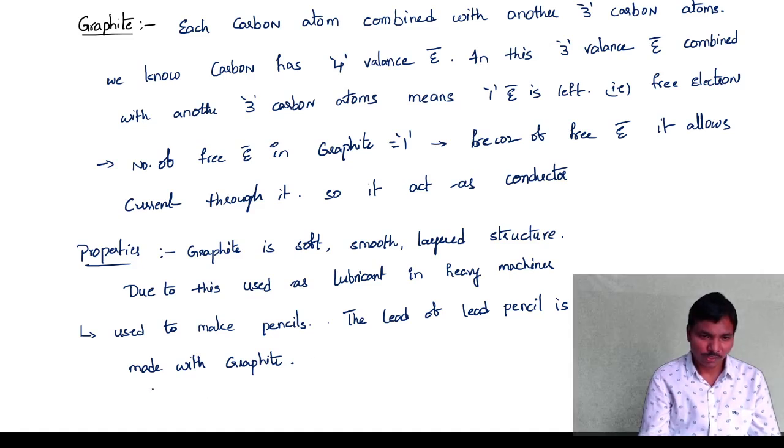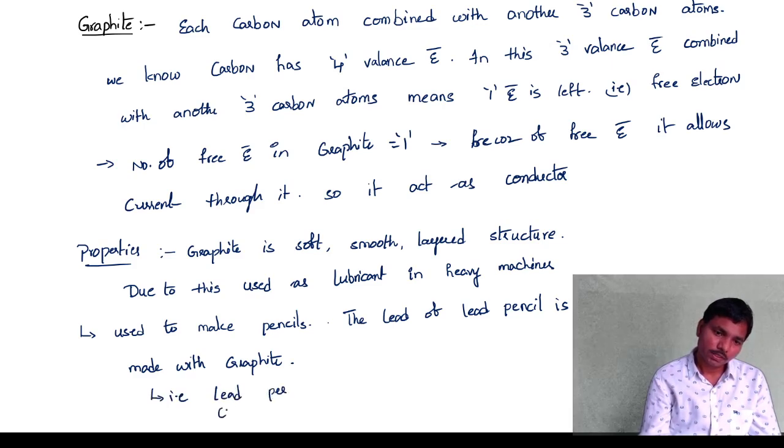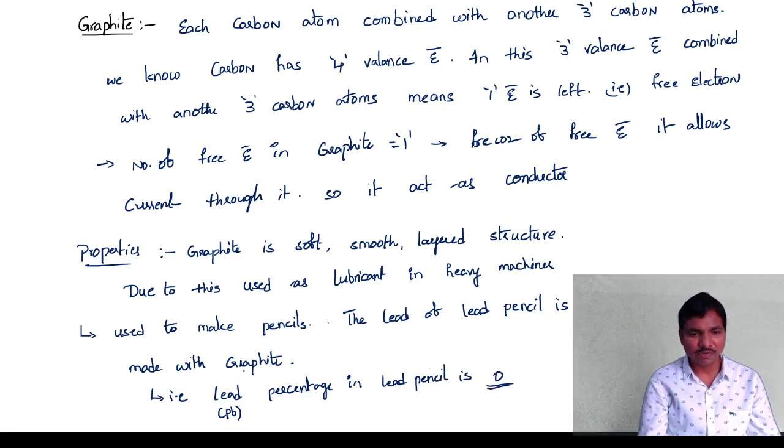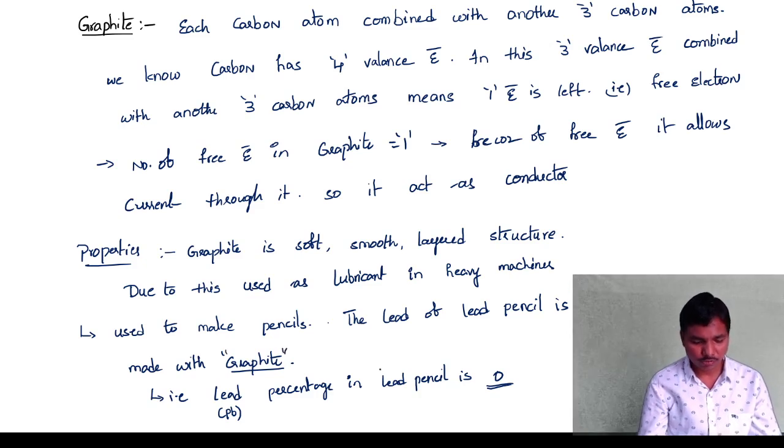It is 0. So there is no lead content. The lead of a lead pencil is made with graphite. So it is also called black lead.